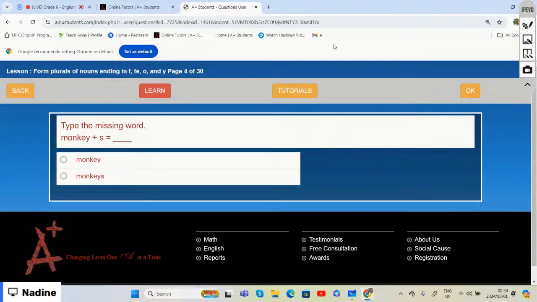All right, we need to type the missing word monkey. We have one monkey, but two or more monkeys.